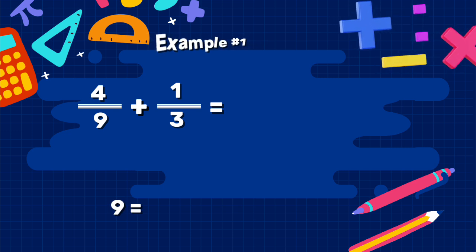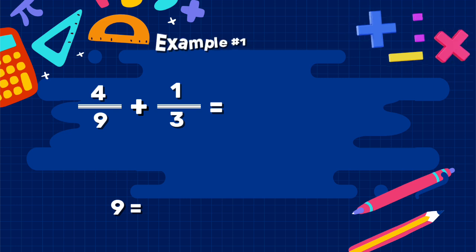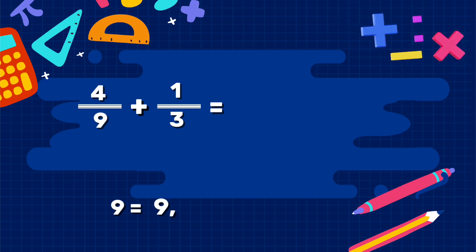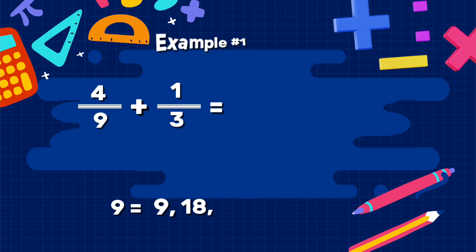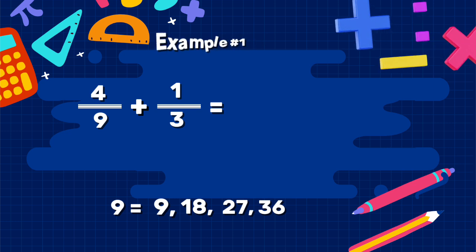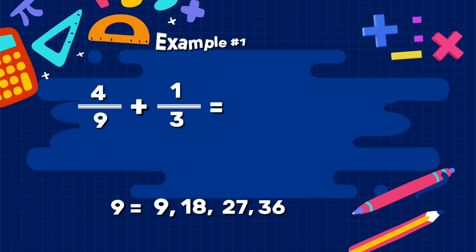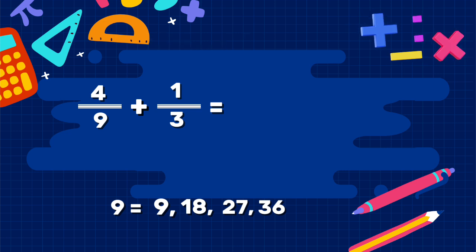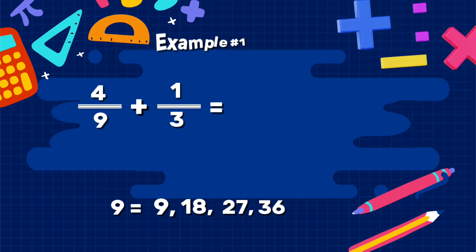We'll start with 9. The first multiples of 9 are 9, 18, 27, 36. So, I'll write 4 multiples of 9 there. I would suggest writing out 4 or 5 multiples of each.